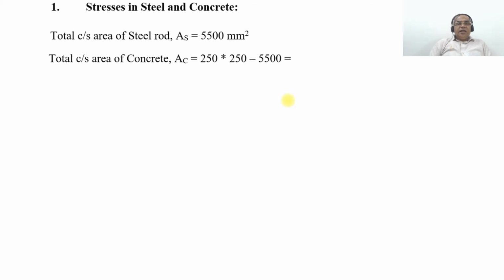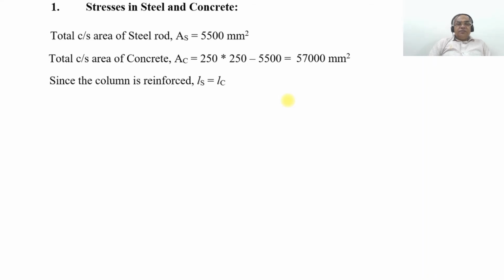Therefore, the total cross-sectional area of concrete, AC, will be 250 into 250, because it is a square cross-section, minus the cross-sectional area of the steel rod, which is 5500, which will be equal to 57,000 mm square.